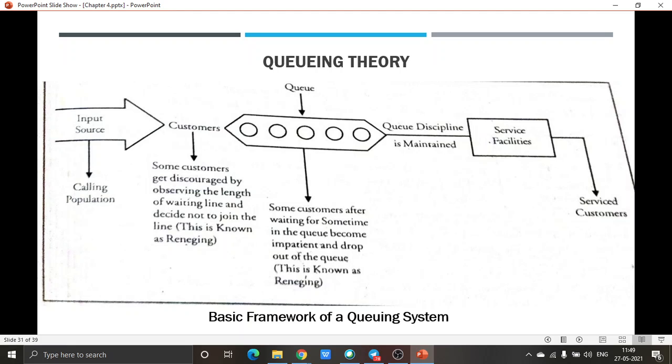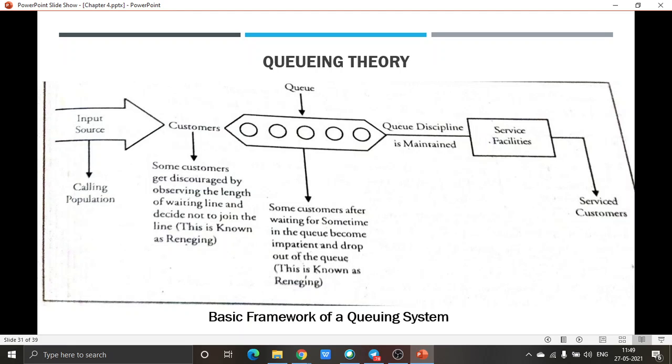That is, in other words, a queue is inevitable when demand for limited service exceeds the service facilities. Since a perfect match cannot be achieved, either the customers will have to wait for the service or the service facilities will have to wait for the customer.